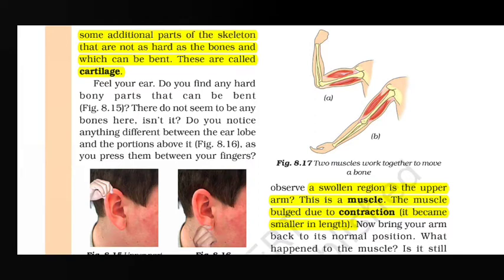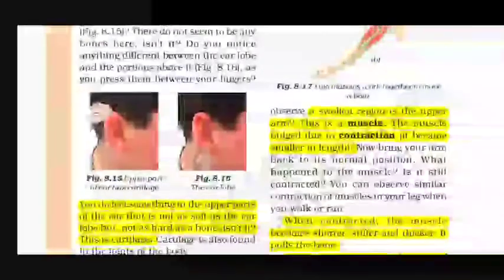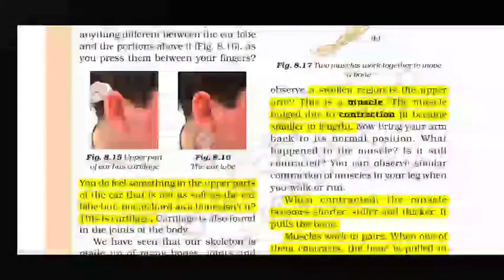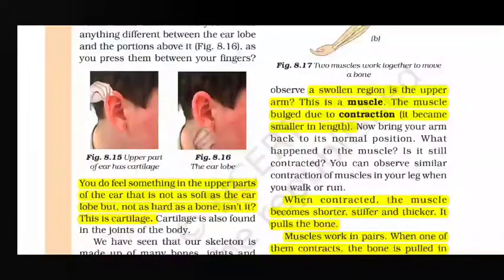So it is a part of the skeleton, not so hard, and it can be bent. The best example is around your ear. You feel something in the upper part of your ear that is soft and not hard as bone. This part is known as cartilage.